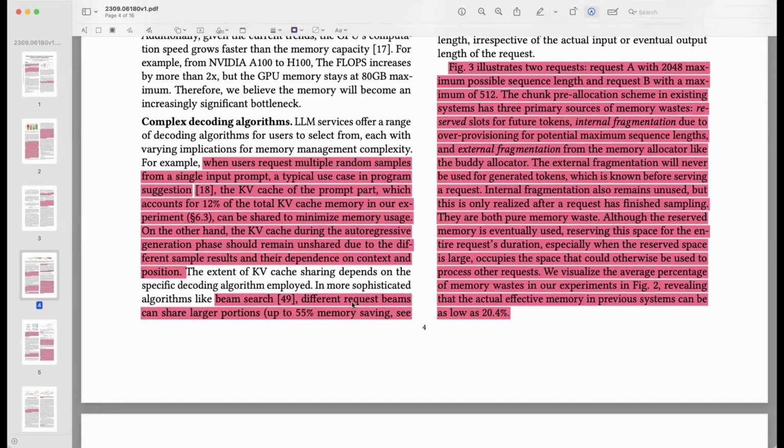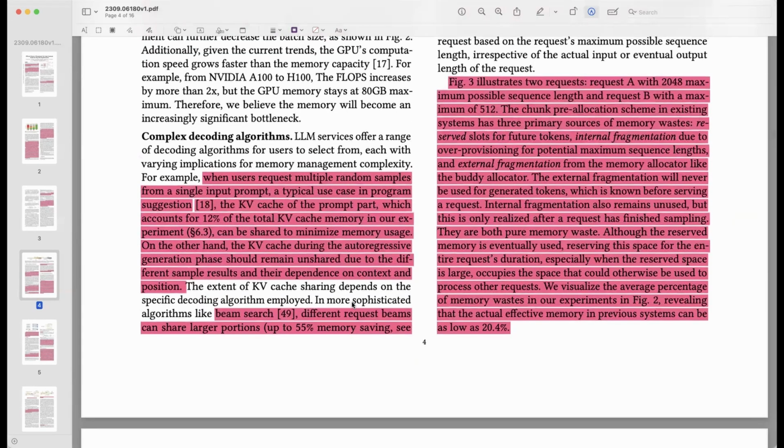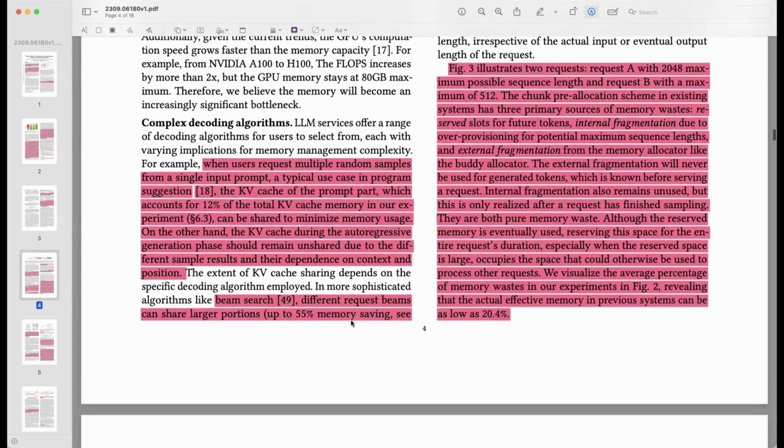The other challenge they talk about is decoding algorithms like beam search, which don't just decode once, but can take n different paths and choose the best path for decoding.